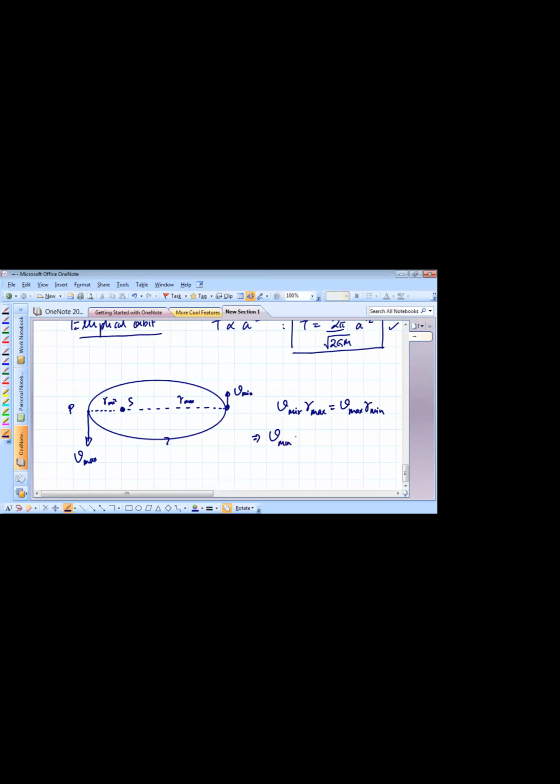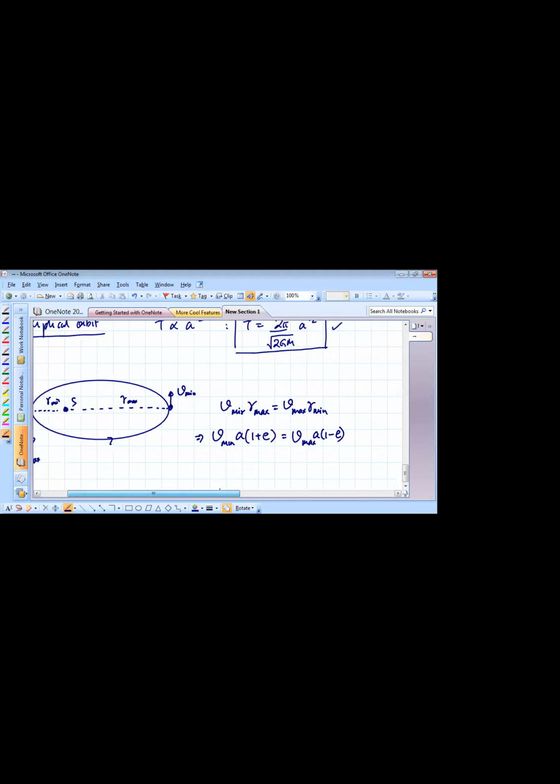Okay. And you can write this R maximum in terms of eccentricity also. Okay. So what we can do here is write this as A into 1 plus E. And similarly on the other side, R minimum is A into 1 minus E. We can make use of this as another equation.